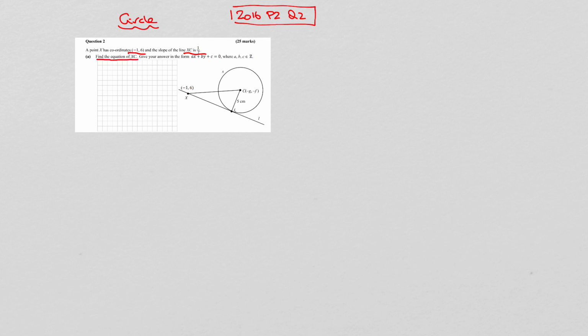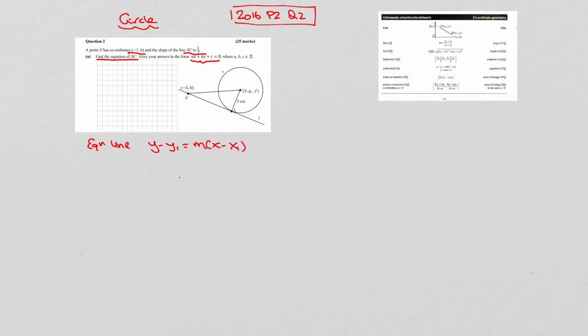Find the equation of XC, and we have to write our answer in the form ax + by + c = 0. So in other words, we can't write it in the form y = mx + c. So to find the equation of a line, we use y - y1 = m(x - x1), which can be found on page 18 in our maths tables, where we have the equation of the line.